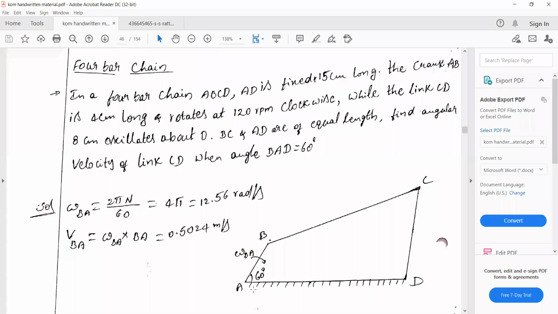First, you have to draw one horizontal line and set up the AD on it. That AD is our 15 centimeter length. Before placing the AD value, take a scale.